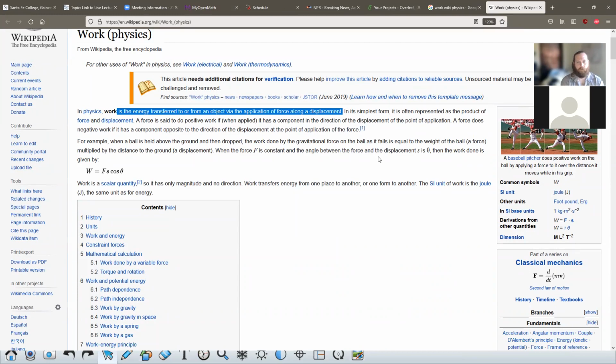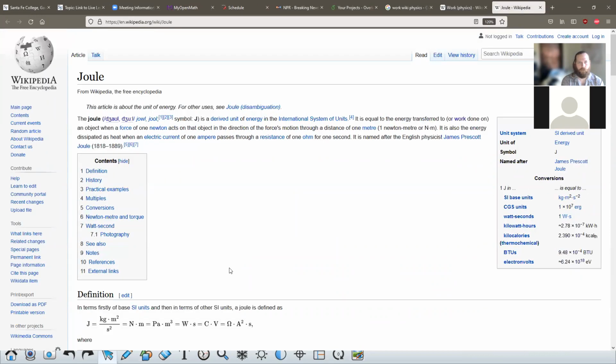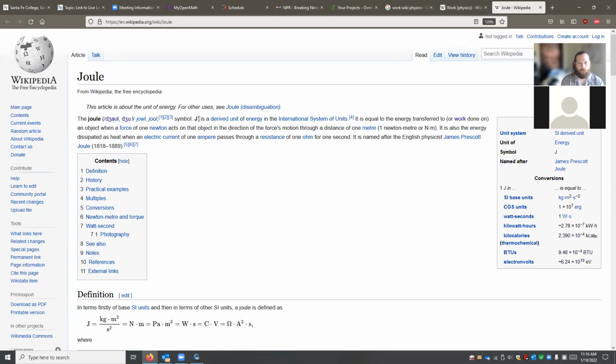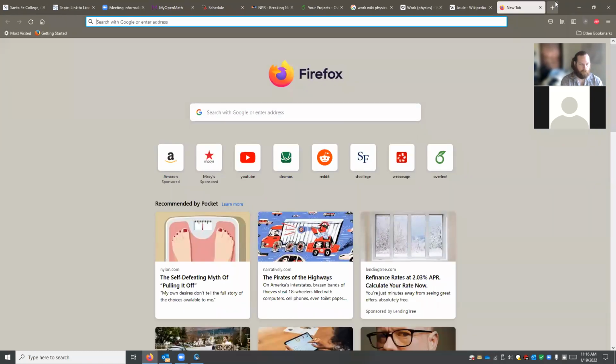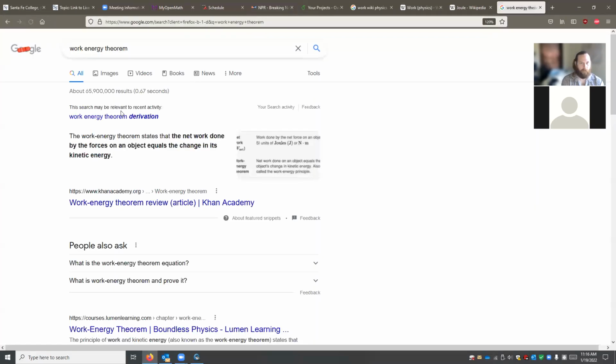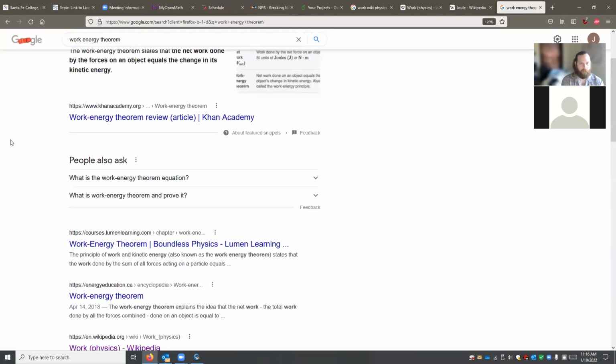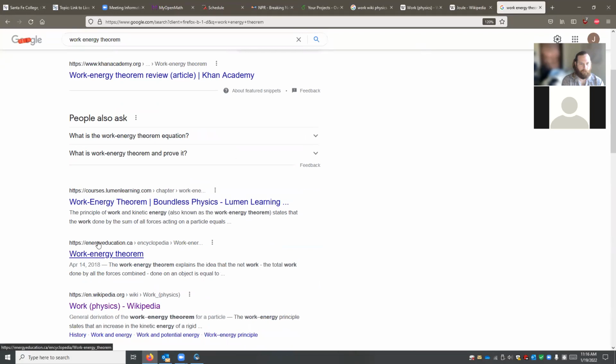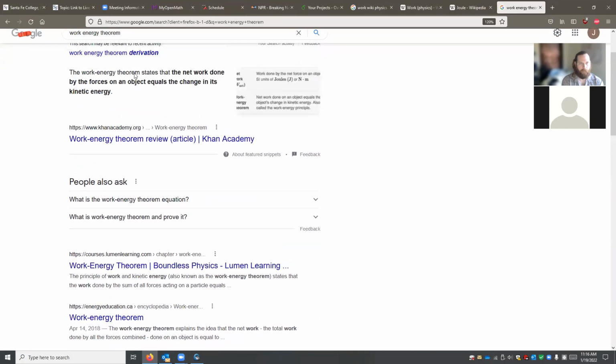The SI unit for work is the joule. Now, joules are usually thought of as the unit for energy. Those of us who've taken physics are familiar with talking about energy in terms of joules. And there is a very important theorem in physics called the work-energy theorem. Is there a Wikipedia page for this?